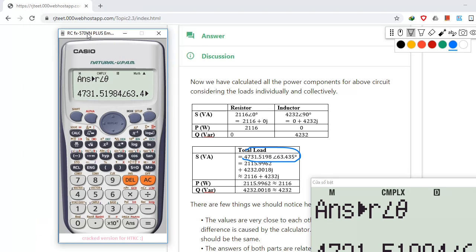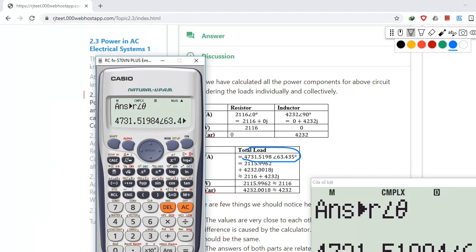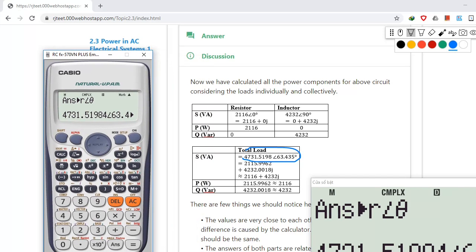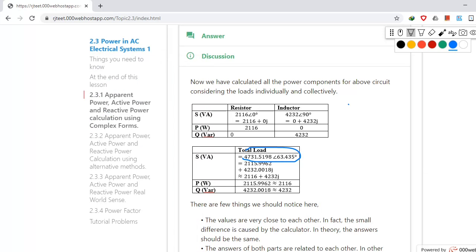Compare these two values, you can see it's very much close, and the angle is almost the same, right? So there is some relationship between considering the individual elements and several elements together in a circuit for the comparison of power.